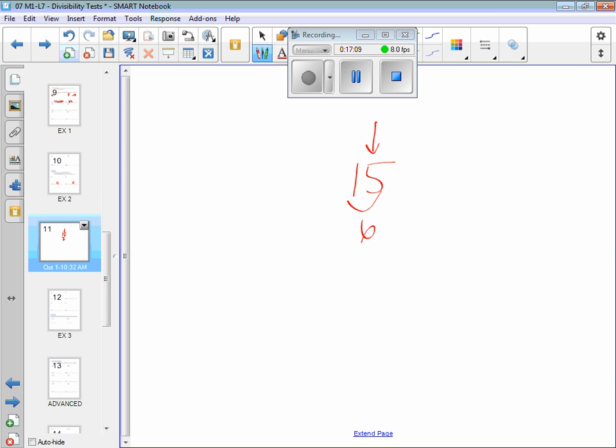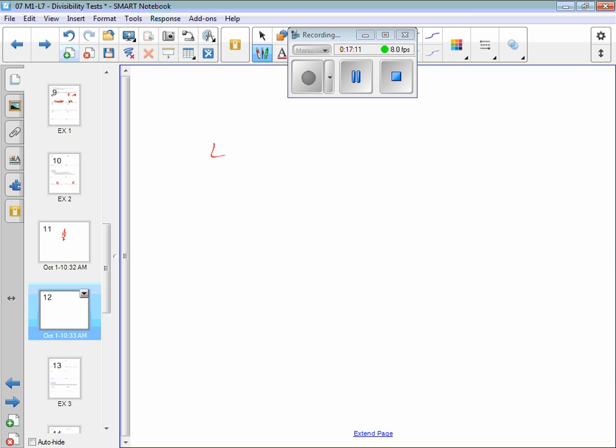Ready? How many say prime? How many say composite? Very good. 11, 4, and 2. Very nice. How many say prime? How many say composite?